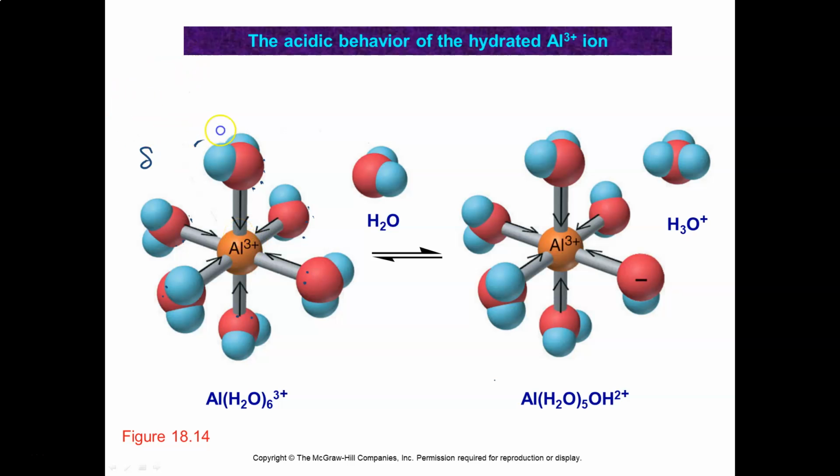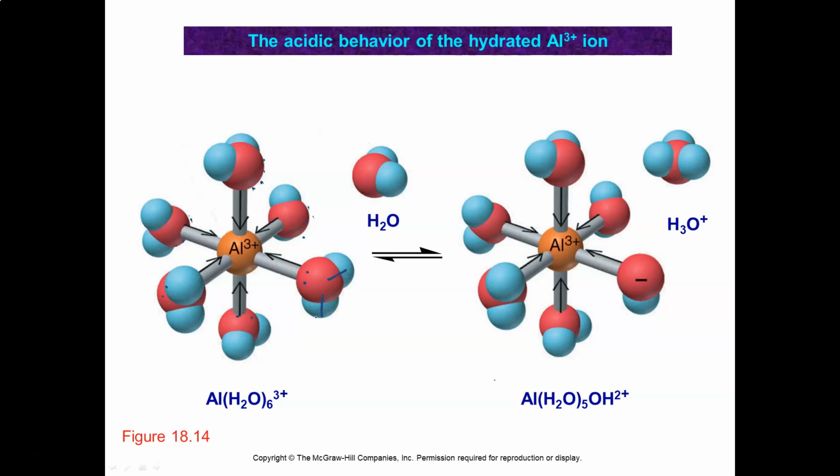Opposites attract. Like I said in the previous slide, the larger your charge is, the better the attraction you have. So you have all these water molecules attracted, and what you end up with is a pretty strong attraction between the aluminum ion and your oxygen. Now remember, there's a bond between O and H here.